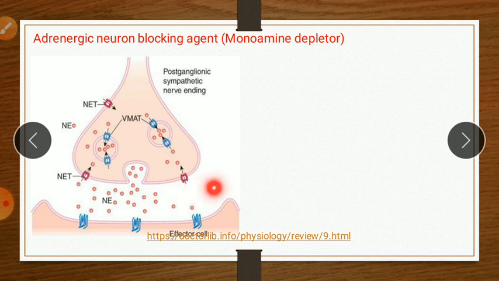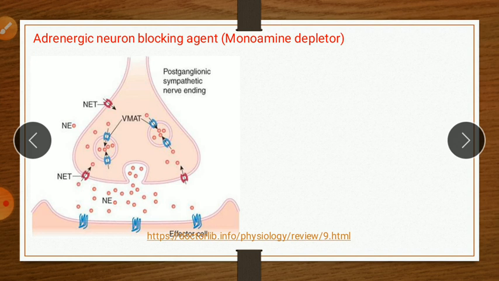Some part is washed out in blood. Some noradrenaline is reuptaken from the synaptic cleft into the neuron. So there is a reuptake process. Some is metabolized by enzymes, here MAO and COMT, catechol O-methyltransferase. Here the important one is the reuptake process.